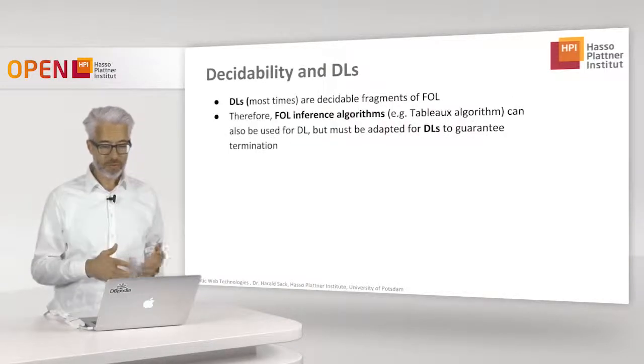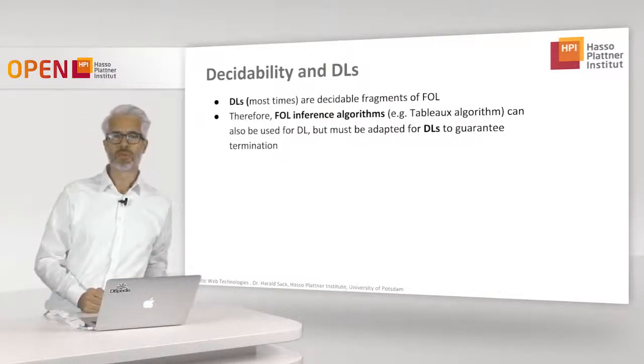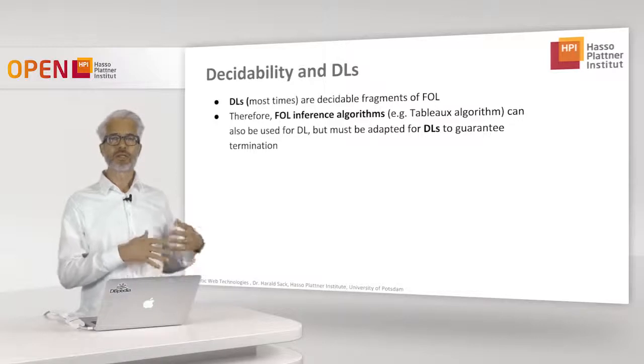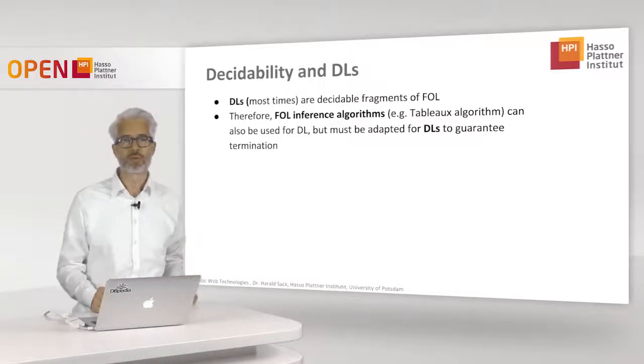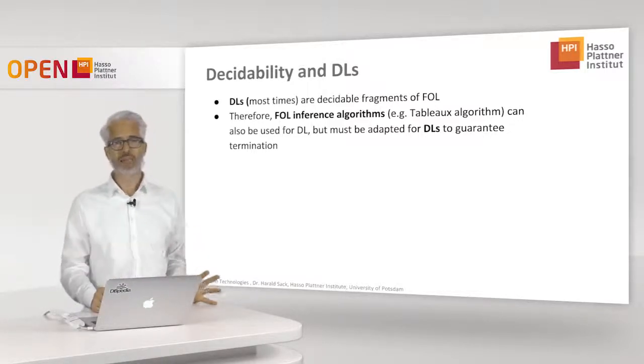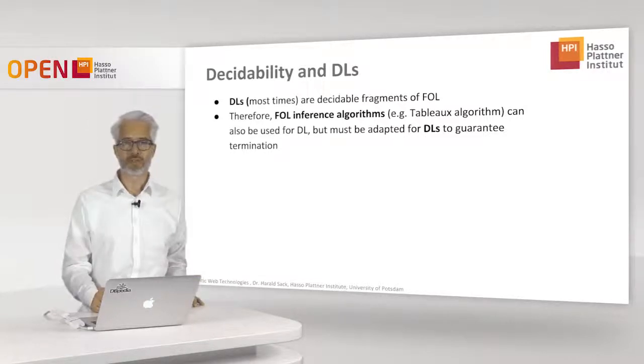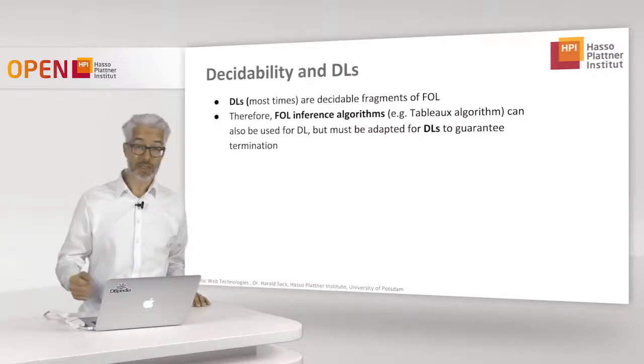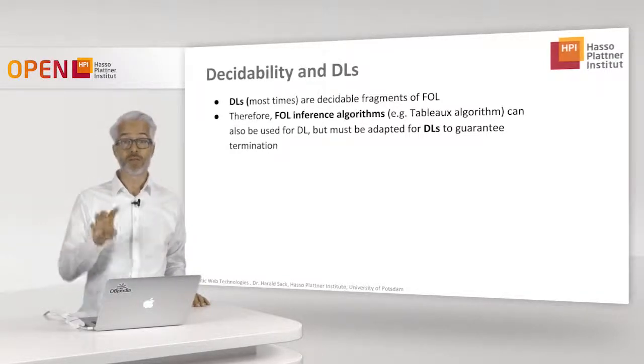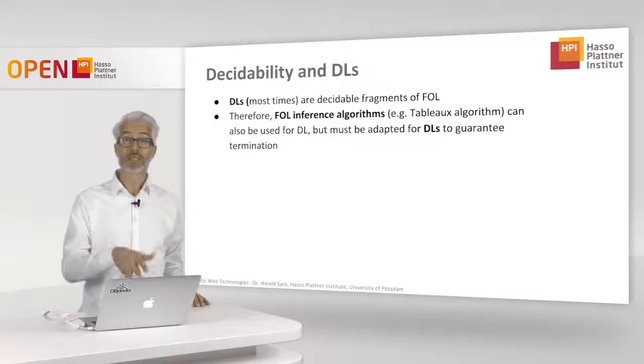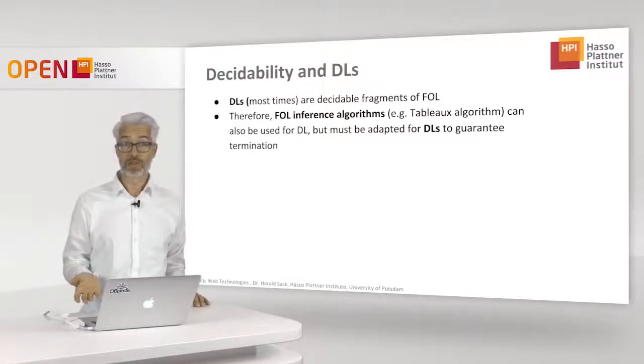The only thing is, we have to take care a little bit, because these first-order logic inference algorithms, like the Tableau algorithm, can be used, but they have to be adapted for description logic, simply because these algorithms do not necessarily always stop and deliver a result for a question we have. So we have to keep in mind, also for the next parts of the lecture, that the already known Tableau algorithm has to be adapted, especially for description logics, to guarantee that it always terminates.